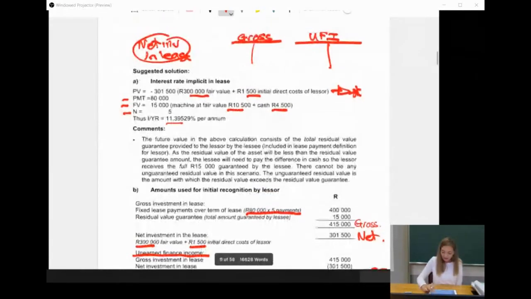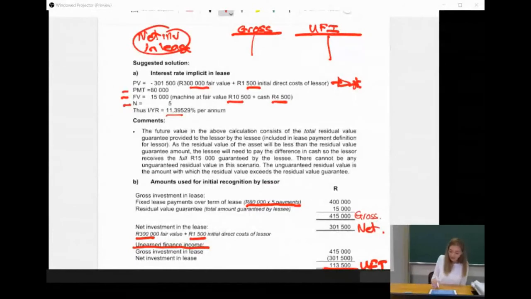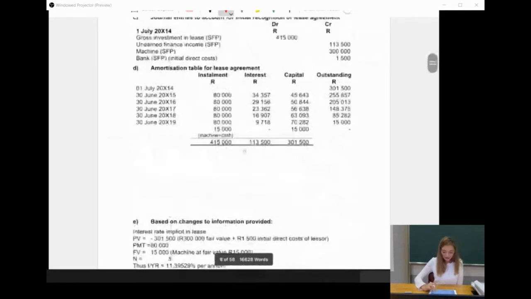Okay. So if I have to account for that gross investment in the lease, I will debit 415,000. Unearned finance income, I'll credit with 113,500. That gives me the net of 301,500 that I gave up. Now for my journal to balance, let's quickly look at that journal.